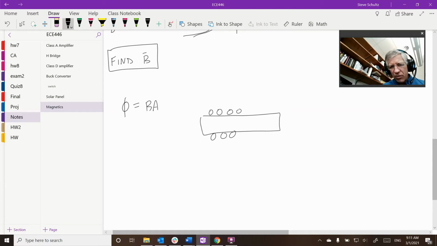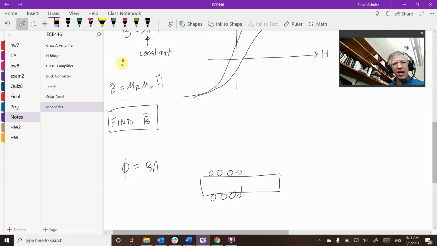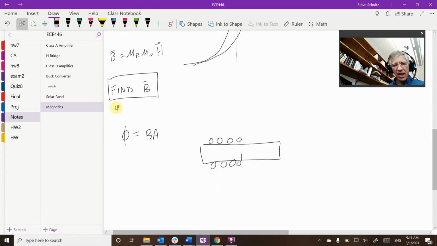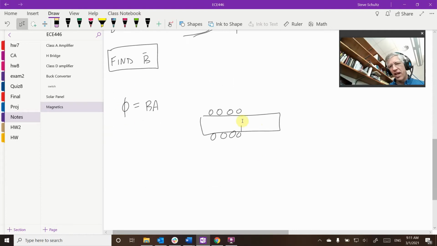Okay, so these wires produce a magnetic field in here, right? So that has some magnetic field in there, and the magnetic field gets multiplied by mu to get B. And then what we want to do is calculate that flux. So I'm going to take a cross section through here, and let's assume that this is a circular bar.